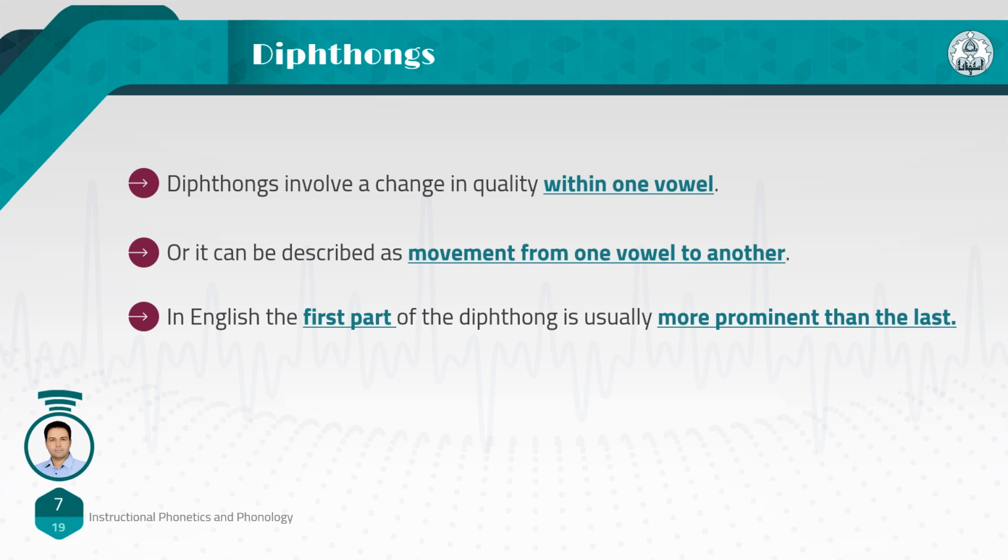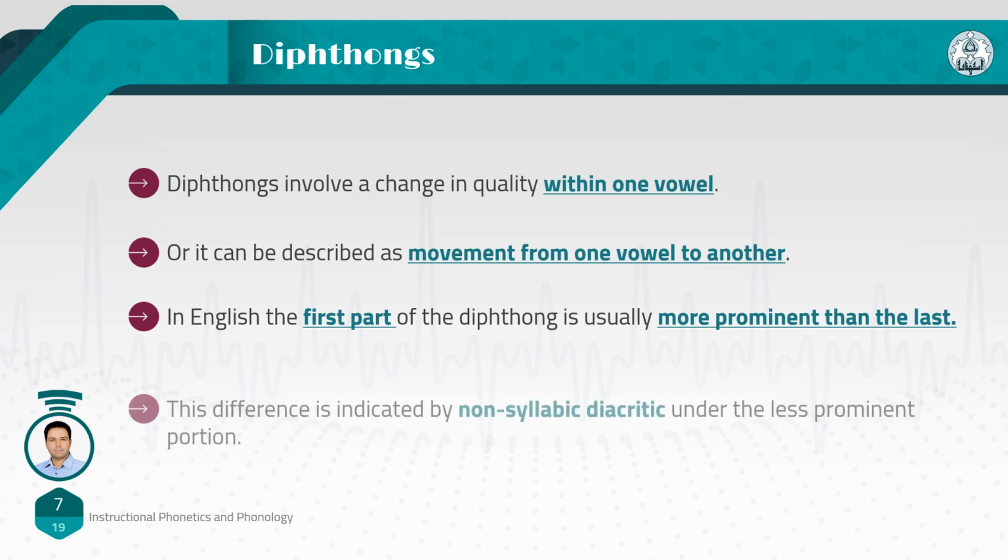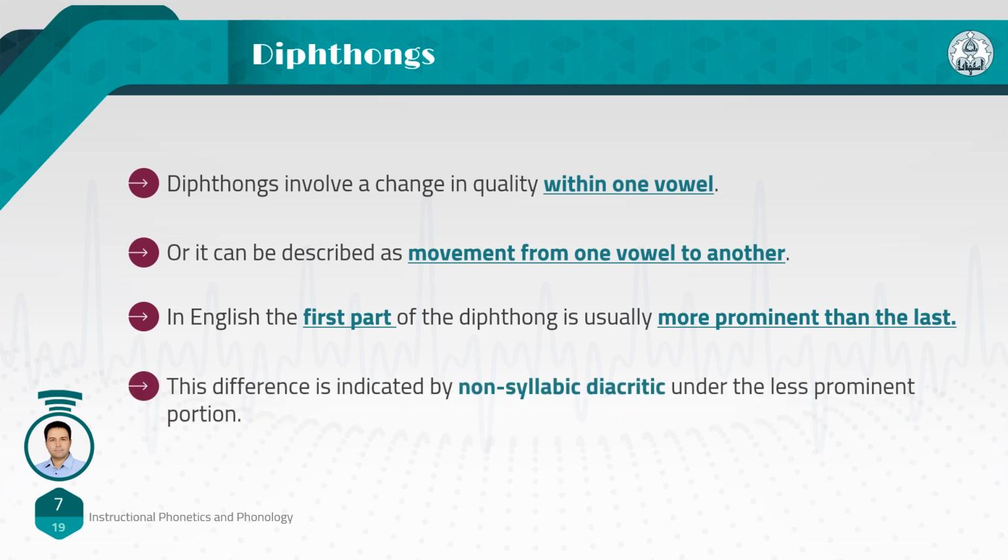In English, the first part of the diphthong is usually more prominent than the second part. This difference is indicated by a non-syllabic diacritic under the less prominent portion. For example, I in night can be shown by this small diacritic under the less prominent one.